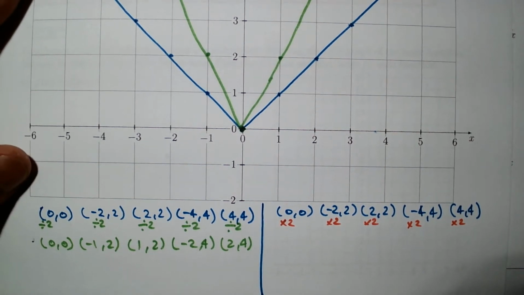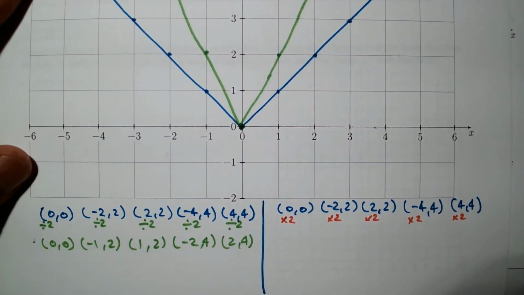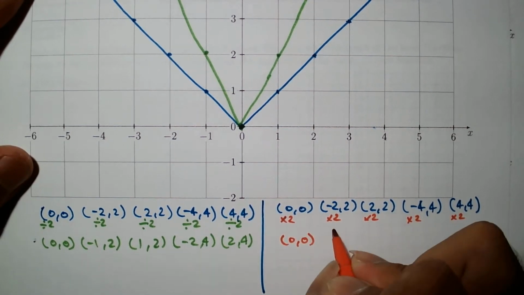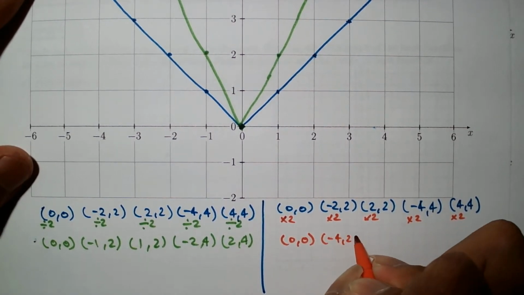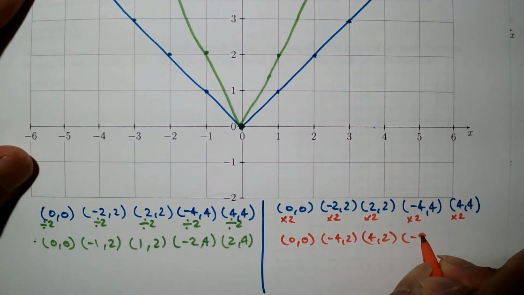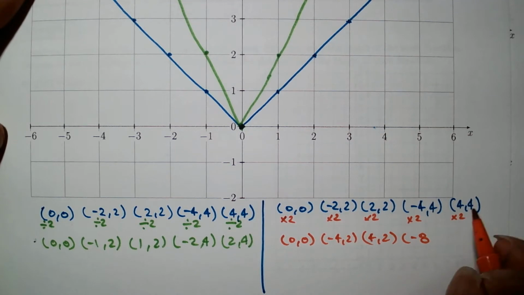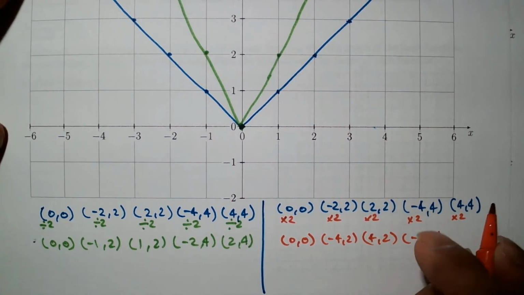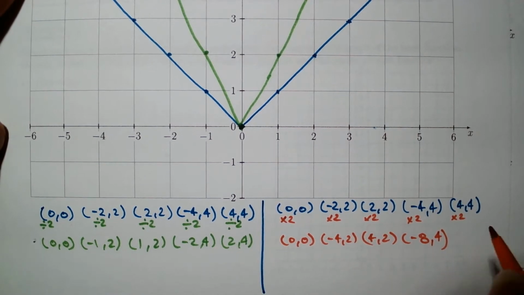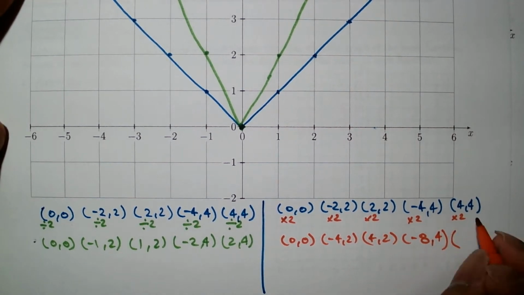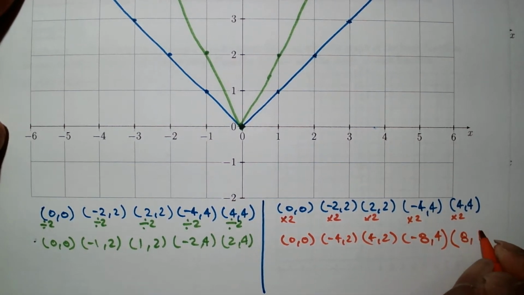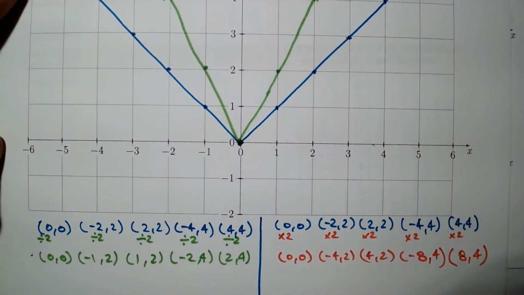So, what are we going to get here? So 0 times 2, that's still 0. Negative 4 comma 2, 4 comma 2, negative 8 comma 4, and I'm not going to have space for these points, but we are still going to get a good picture over here. So this is going to be 8 comma 4. Okay, I'm going to try to plot at least a few points.